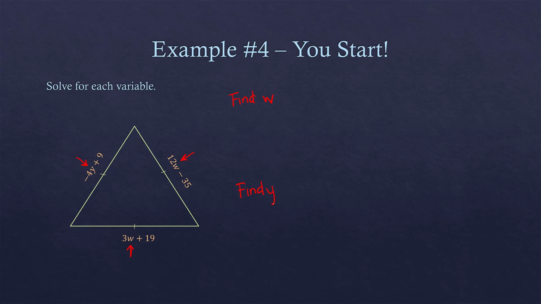Okay, welcome back. Hopefully you got a good start on this, so let's talk about the first step here. That was to find w. On an equilateral triangle, all of the sides are congruent, which means I can set the 2 expressions with the w variable equal to each other. 12w minus 35 equals 3w plus 19.